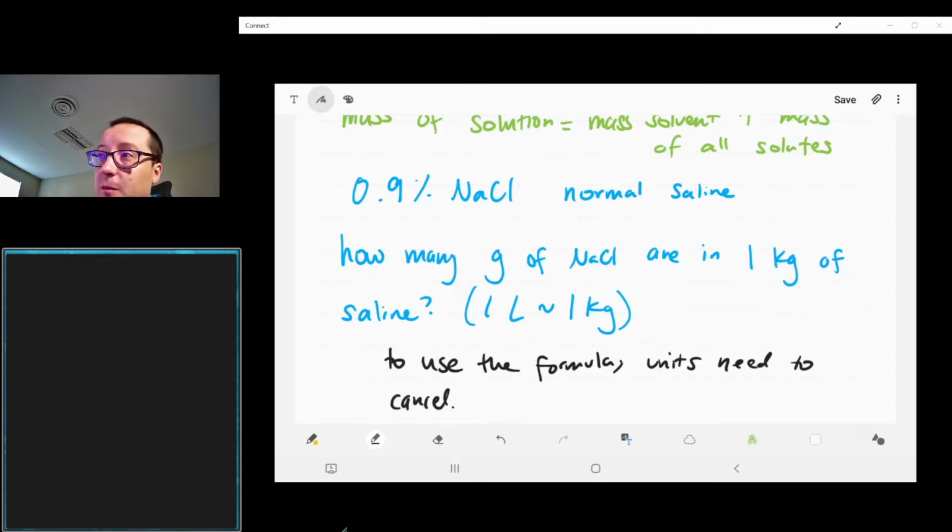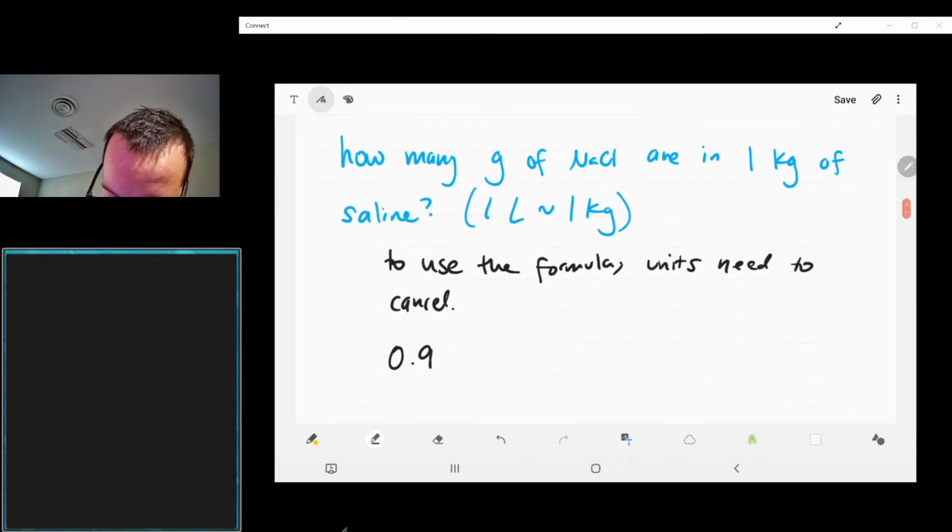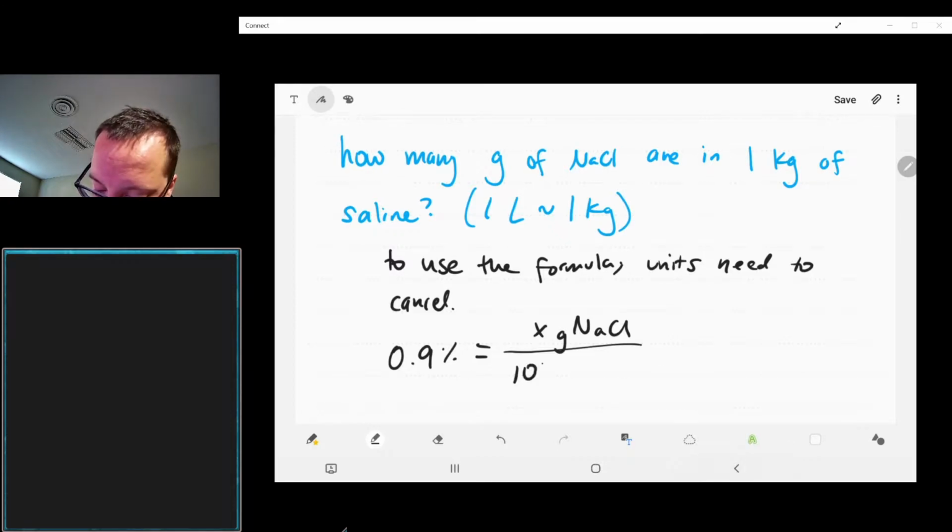And so in order to make sure that it's a unitless quantity, we have to cancel out our units. So that means that we need to convert that kilogram into grams. So it'll just be 1,000, right? So we know that 0.9%, which is the number we're starting with, will be X grams of sodium chloride in 1,000 grams of solution, times 100%, of course.